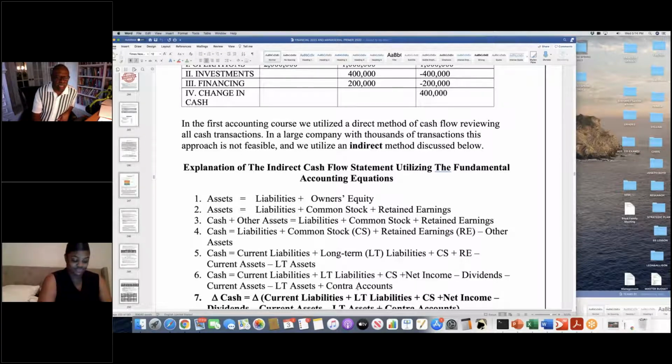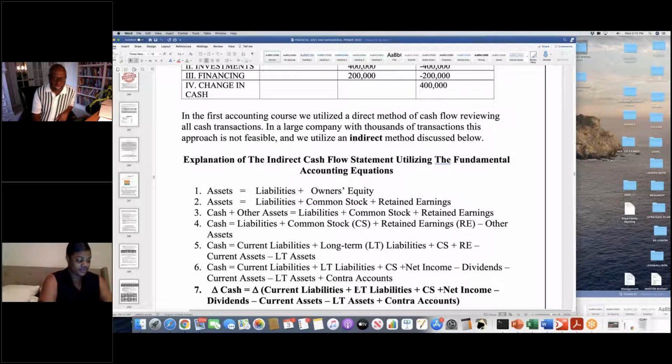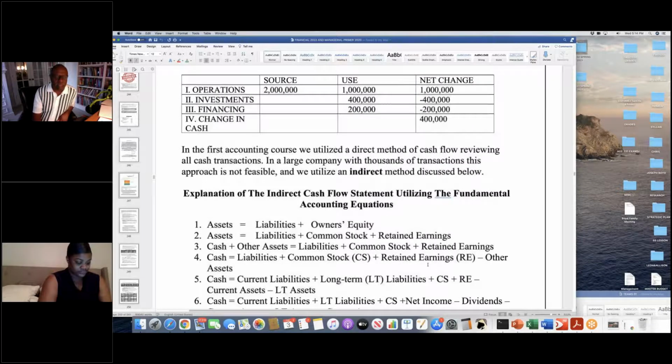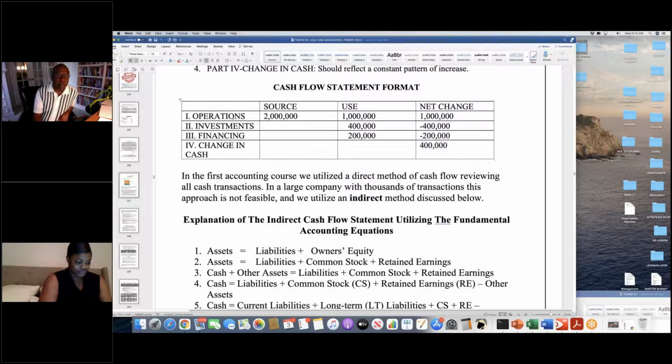So when we're looking at the change in cash, we have to look at it in terms of all these other assets and liabilities. Some of the items are going to be operation items to tell us whether that change is positive in operation.